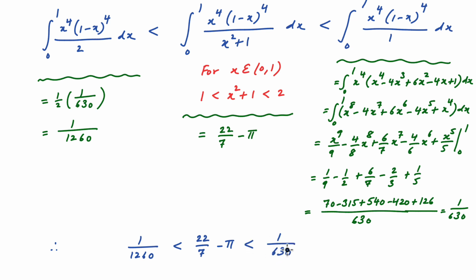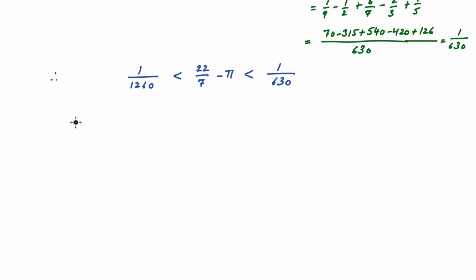Multiplying across the board by minus 1, which flips the direction of the inequality, we get pi minus 22 upon 7 is greater than minus 1 upon 630 and is less than minus 1 upon 1260.